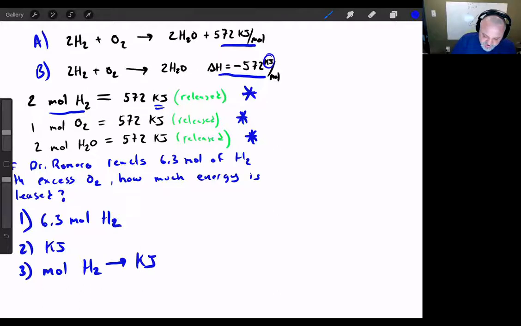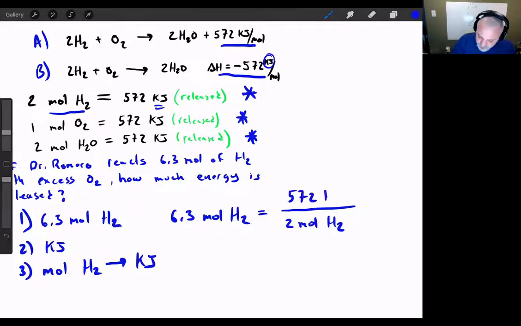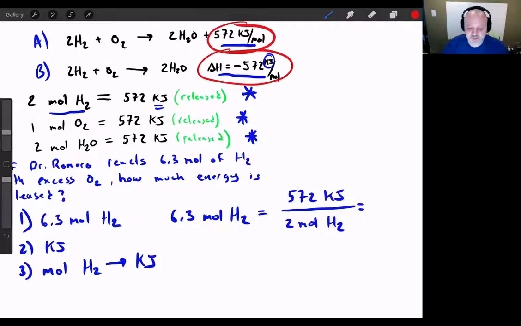And so we can say 6.3 mole of H2. And we know that for every 2 mole of H2, 572 kilojoules are released. And remember, we don't usually write the word release down because it's understood. It's understood based on the fact that either the value is a product or the change in enthalpy is negative. That's why we know it's released.